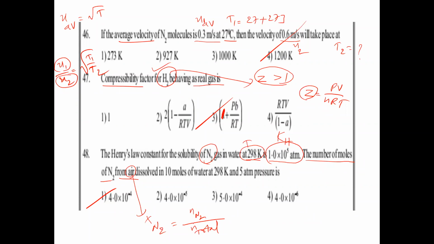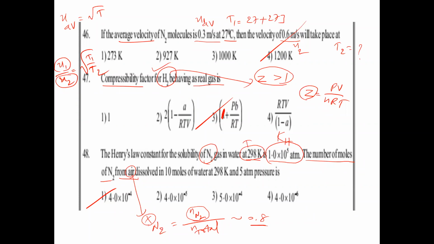This ratio will give mole fraction of nitrogen. But generally 80% will be there, actually 78% of nitrogen is there in the air. So 80% means 80 by 100, 0.8 will be the mole fraction of nitrogen in air. So it is approximately equal to 0.8.